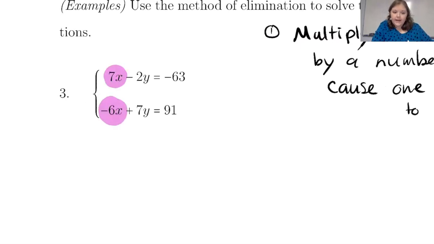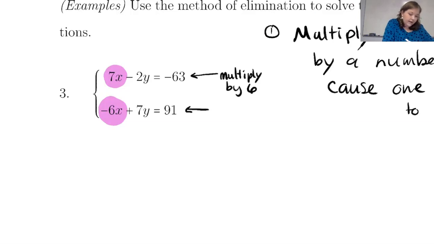So we have 7x and negative 6x there. So it would be great if they had the same coefficient, but just the opposite of each other. So one is the negative of the other. We don't have that, but we can multiply both equations by numbers that are going to force that to happen. So in this one, I'm going to multiply by 6. And then the second equation, I'm going to multiply by 7.